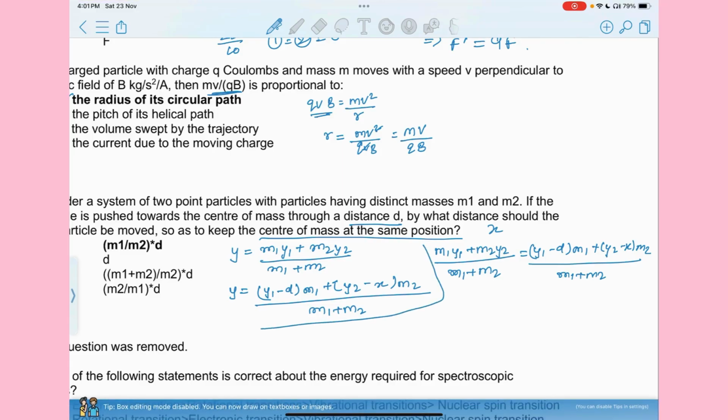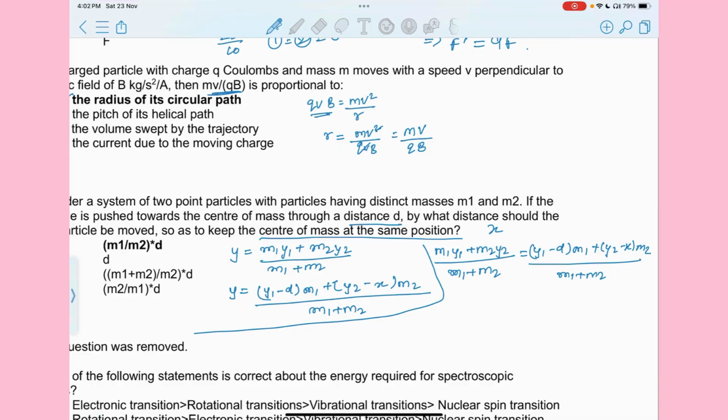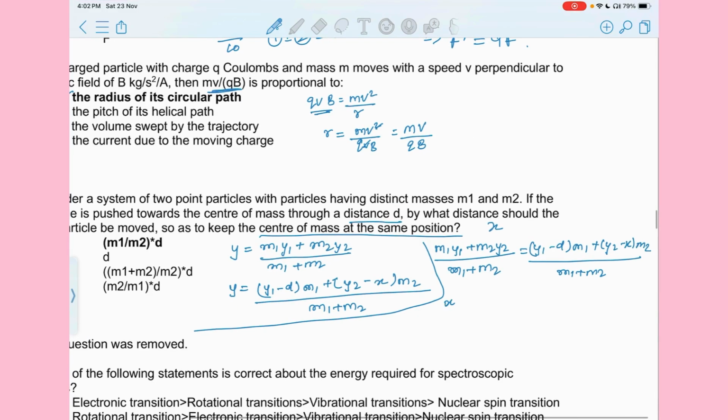We'll solve this. It will become y1 m1 plus y2 m2 to be equal to m1 y1 minus d m1 plus y2 m2 minus m2 x.